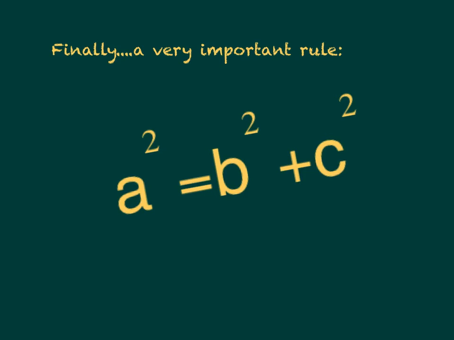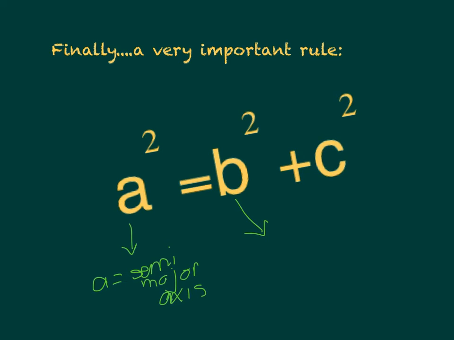Finally, I want to tell you a very important rule, which is the Pythagorean relation between A, B, and C. So A squared is always going to be equal to the sum of B squared plus C squared. And remember that A is equal to the semi or half of the major axis.